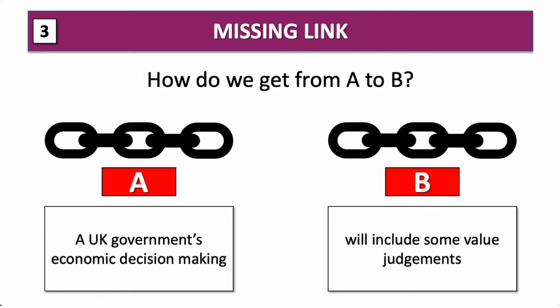This is the last one of these. I think this is really quite tricky. How can we link a UK government's economic decision making with B will include some value judgments?